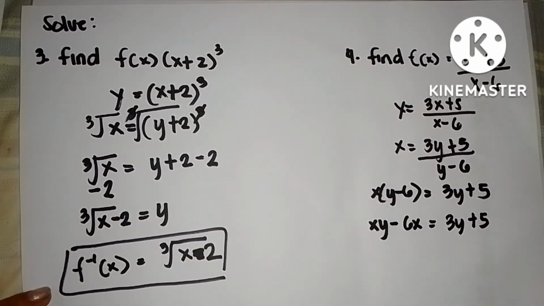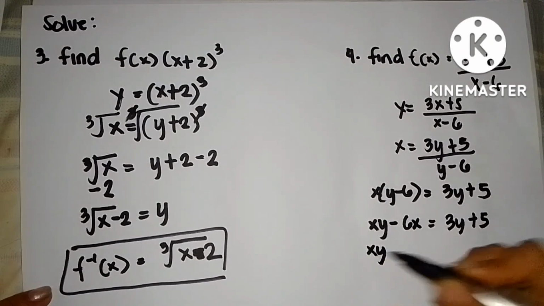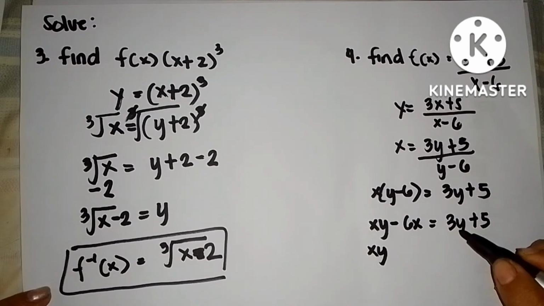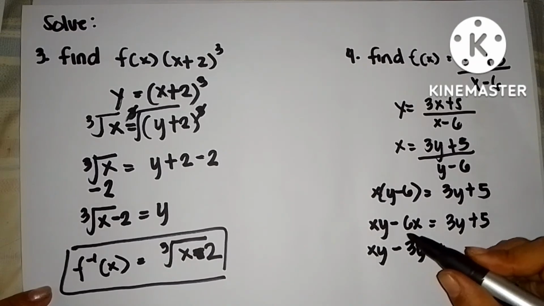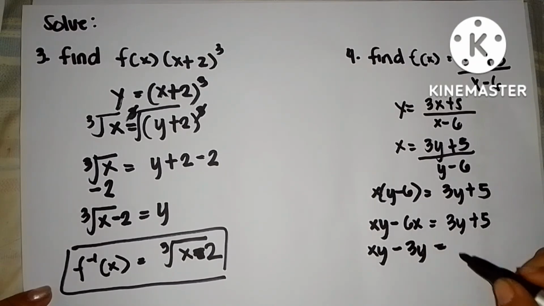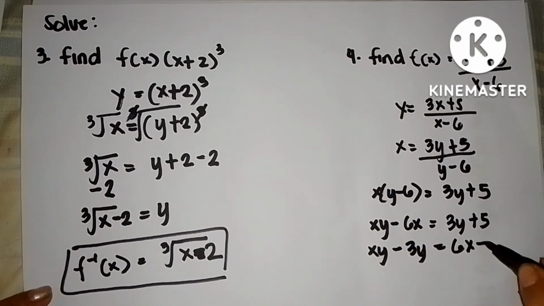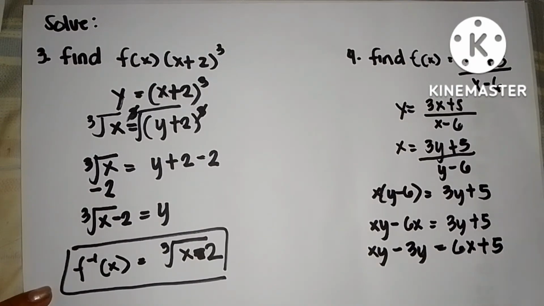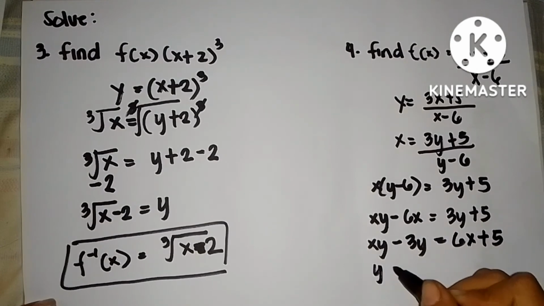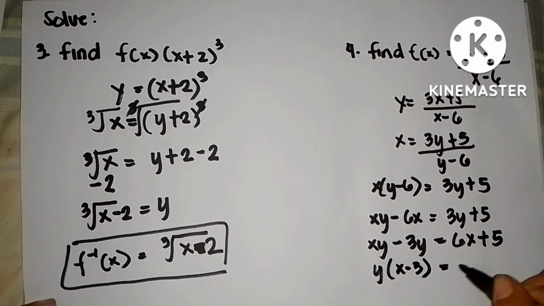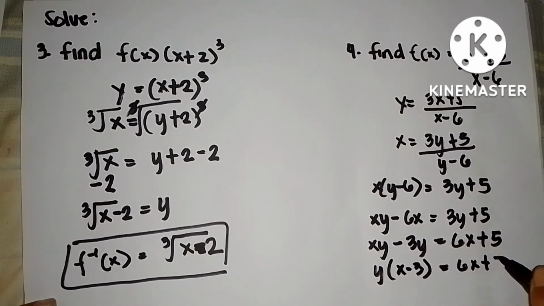And then combine like terms. So xy, since 3y is positive, this will become negative 3y. And then negative 6x will become positive, so 6x plus 5. And then y times (x minus 3) equals 6x plus 5.